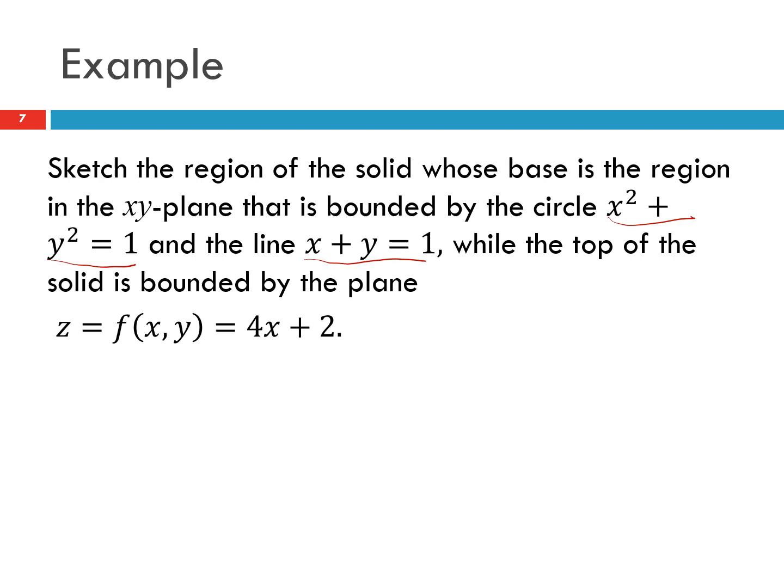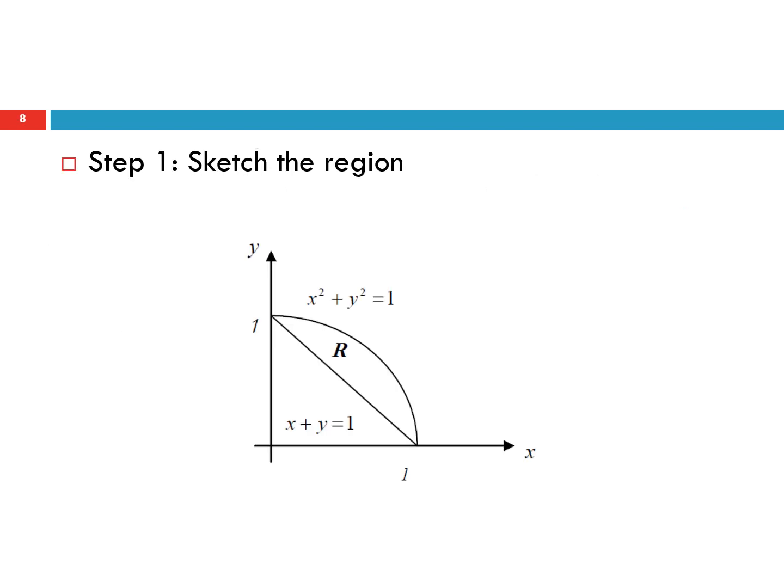So let's sketch the region. Actually, x squared plus y squared equal to 1 is a circle with radius 1.